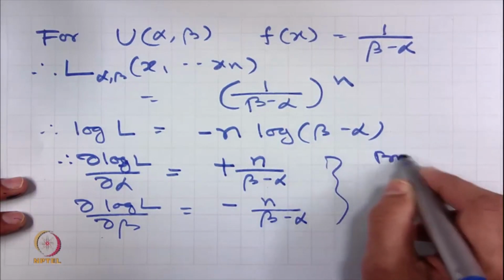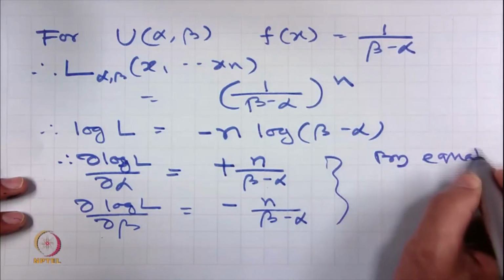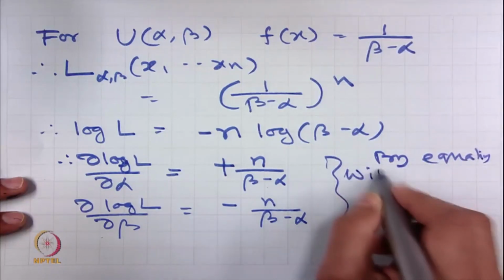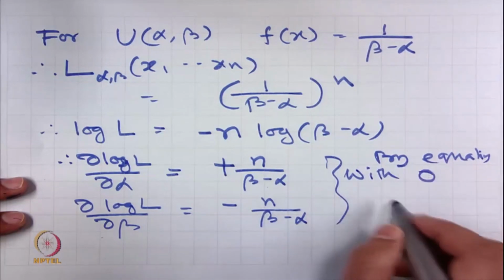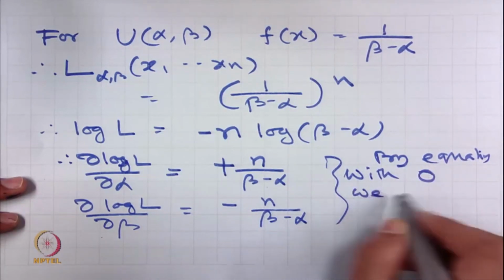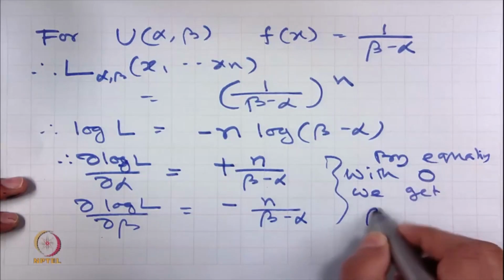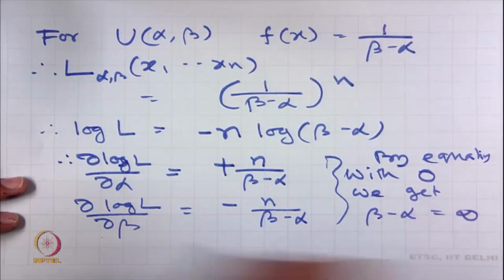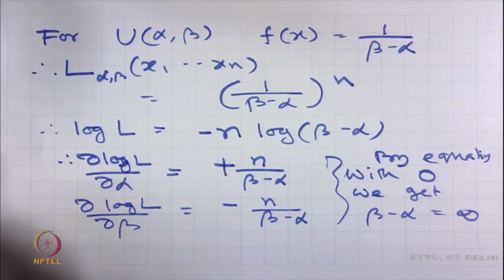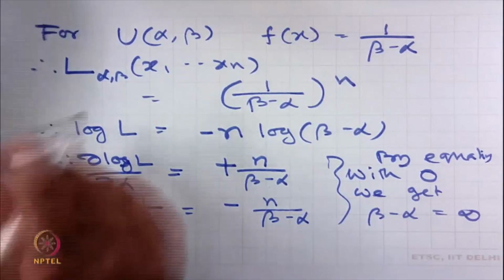By equating with 0, we get beta minus alpha is equal to infinity. Therefore, that does not give us a solution.